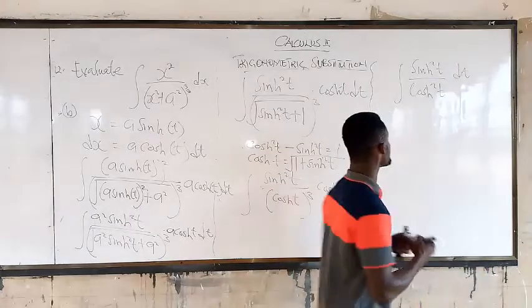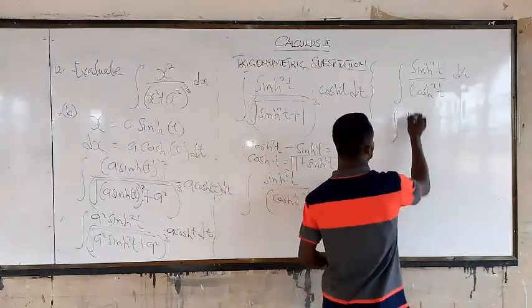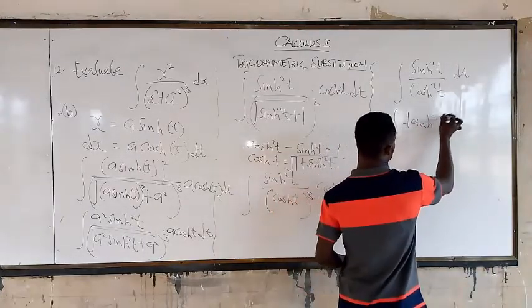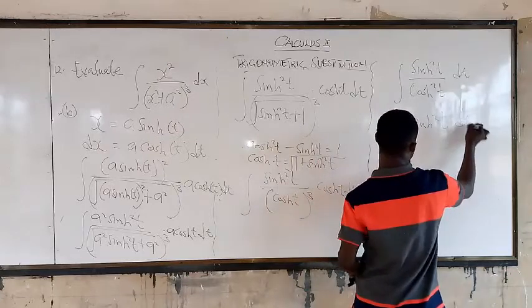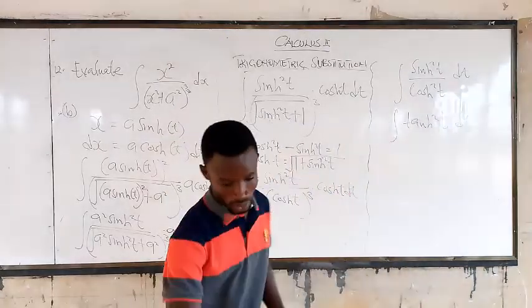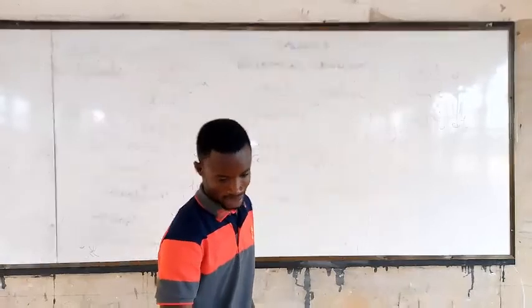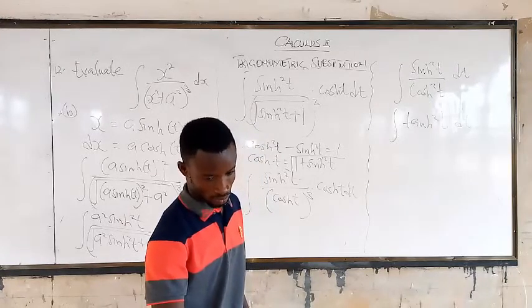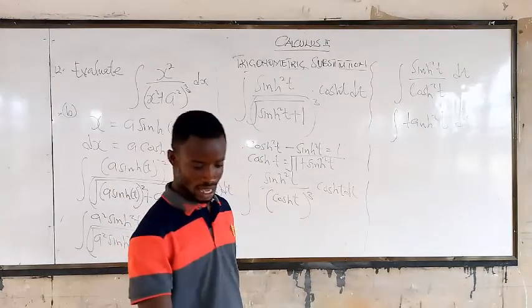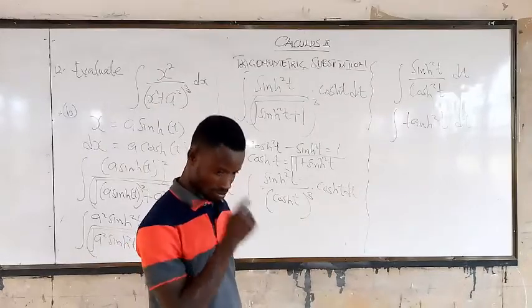Looking at what we have here, this is the same as tanh squared t dt. So when you integrate tanh squared t, what are we going to get?